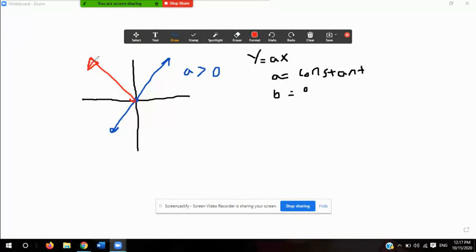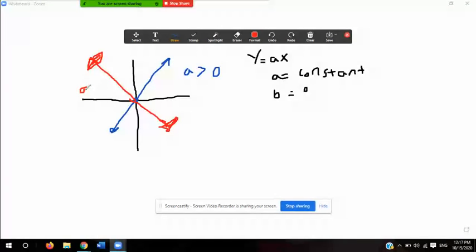Just to compare, the blue graph kind of looks like you're going up an escalator, and this red graph looks like you're going down the escalator, right? Give me a second, guys. So here's when a is less than 0.